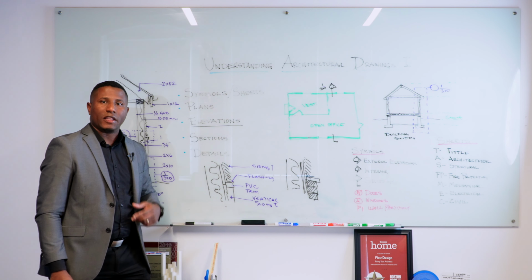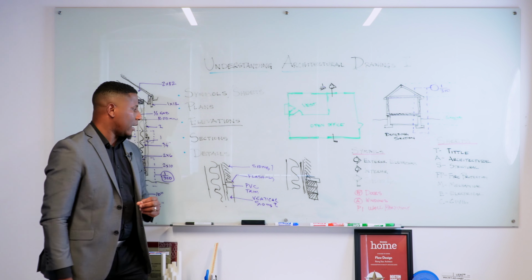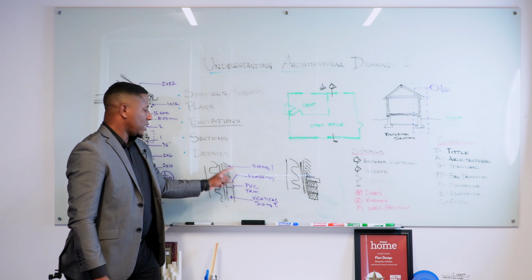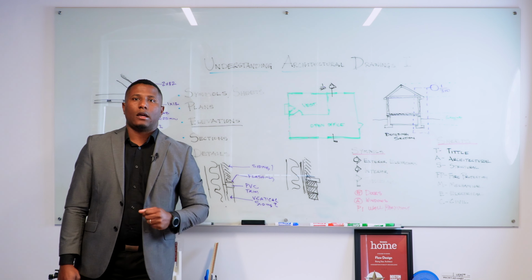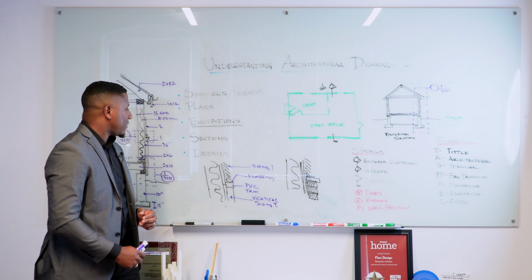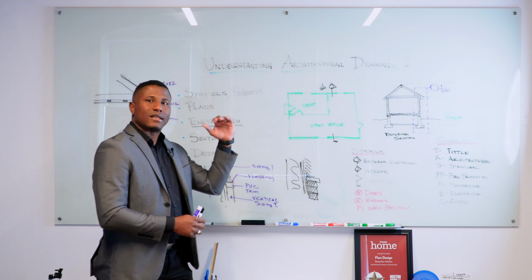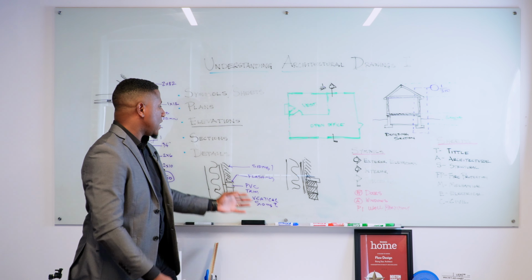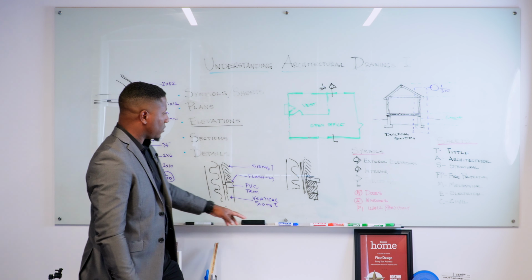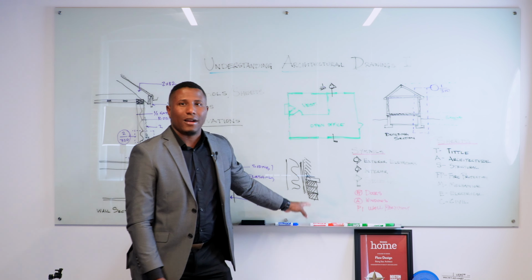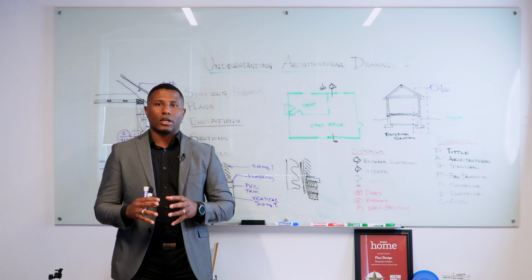In the schematic phase, you can show the client, hey, I'm thinking this detail might work in your condition. You know what? I really don't like the two types of siding. Could we do siding and stone? And then in the architectural details, you can show that relationship and how that is put together.